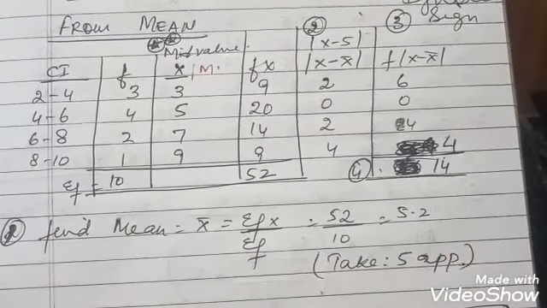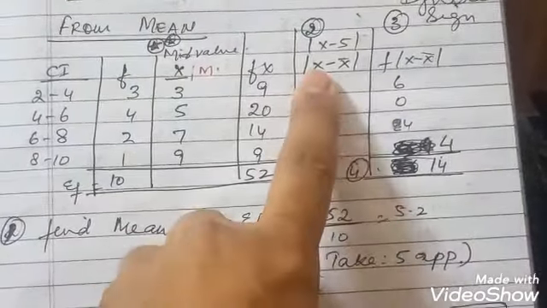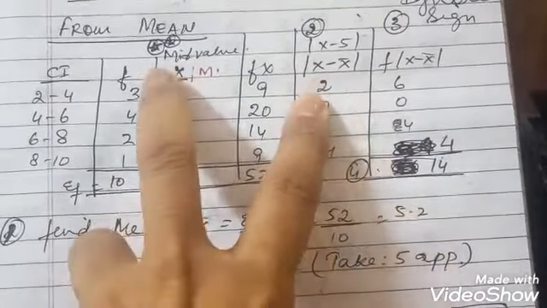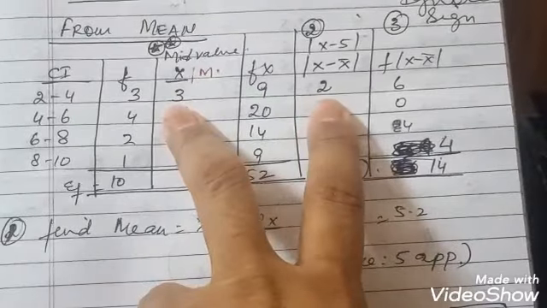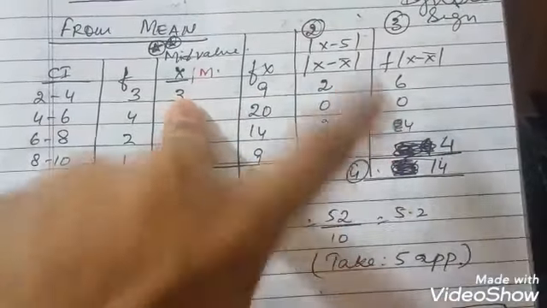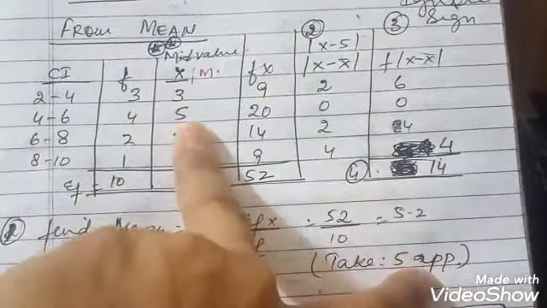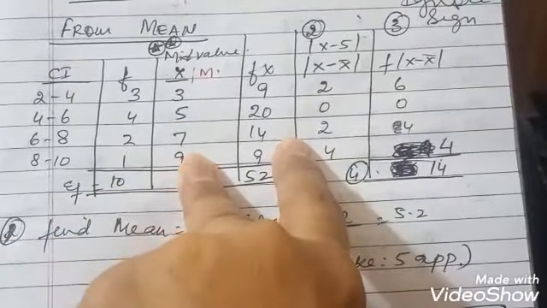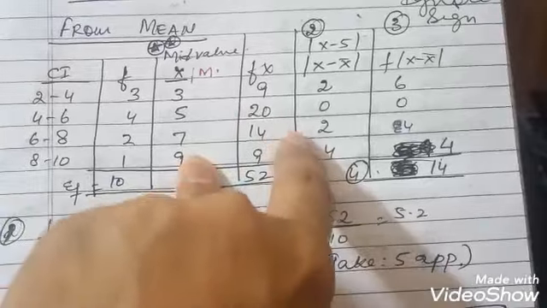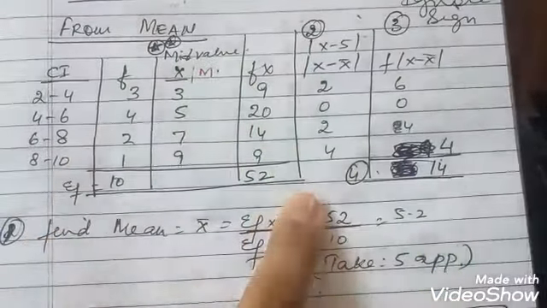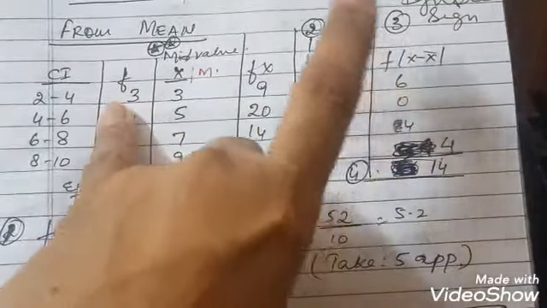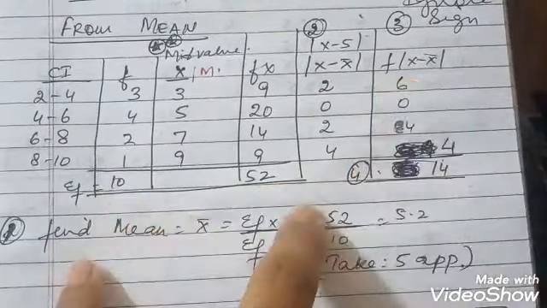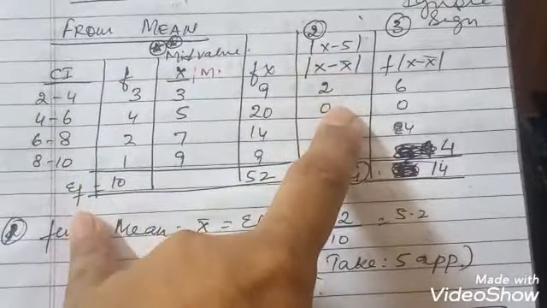Remember that. The next step will be you will find deviations from x. This is x. That is why we need x, right? So 3 minus 5 gives you 2, 5 minus 5 gives you 0, 7 minus 5 gives you 2, and so on. The next step is you will multiply f into modulus x minus x bar.